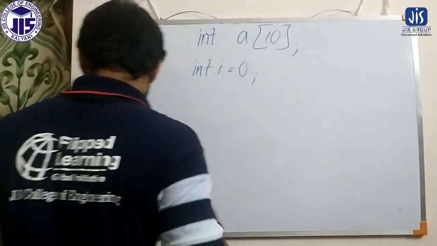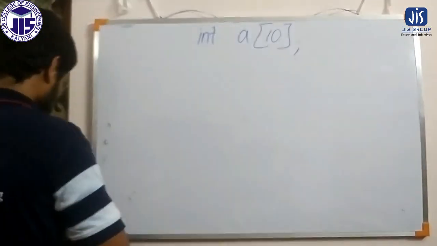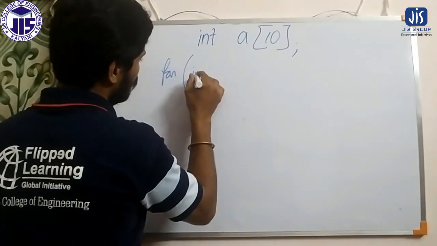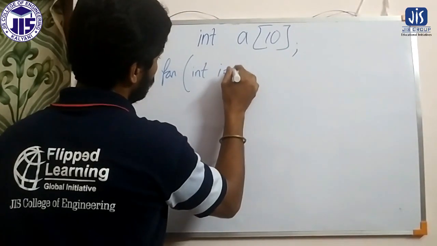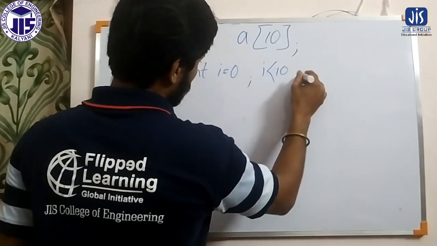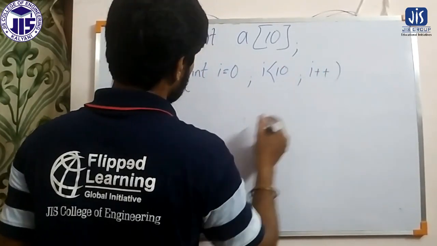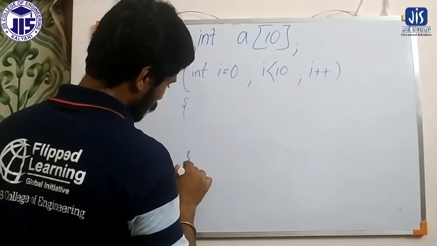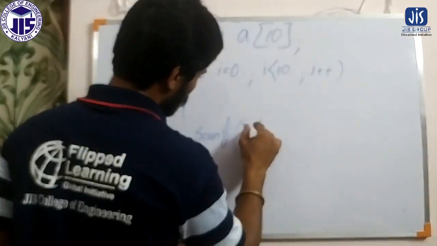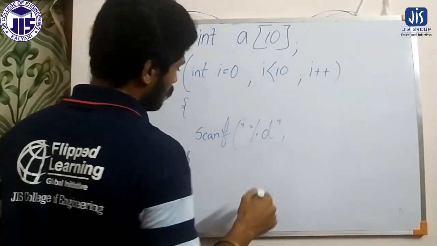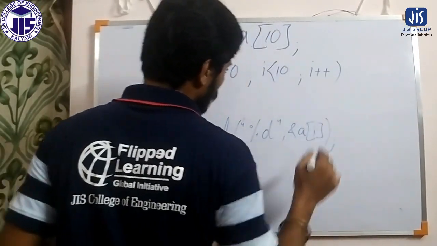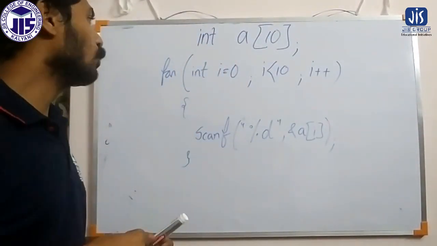Let us consider a for loop to make it simple. So that is the way we can take input into an array.